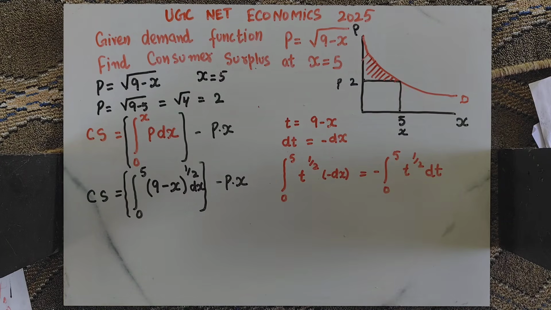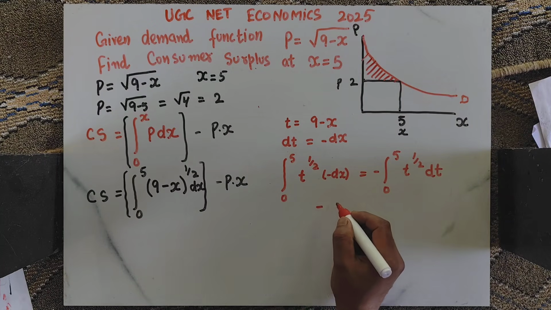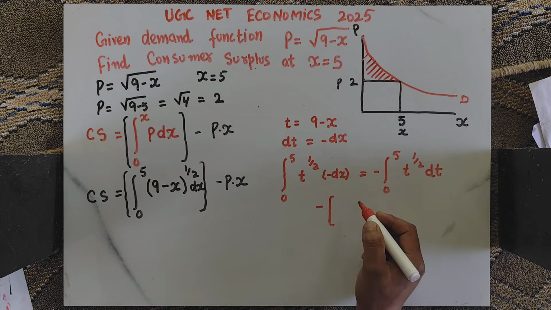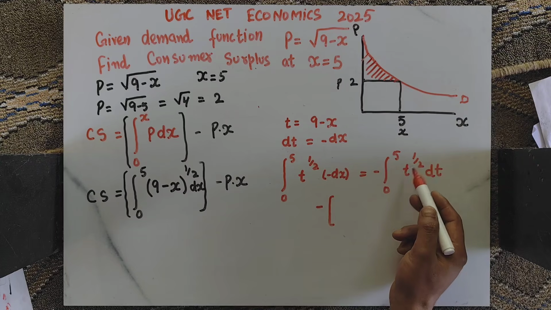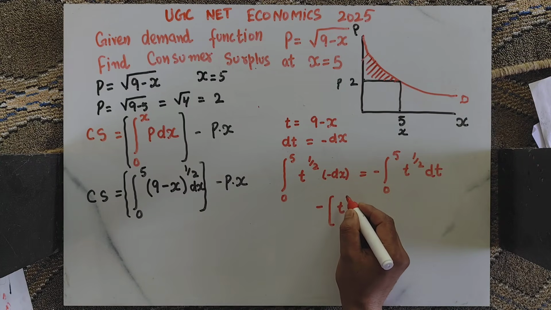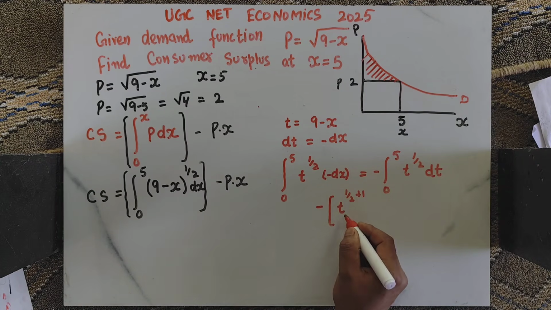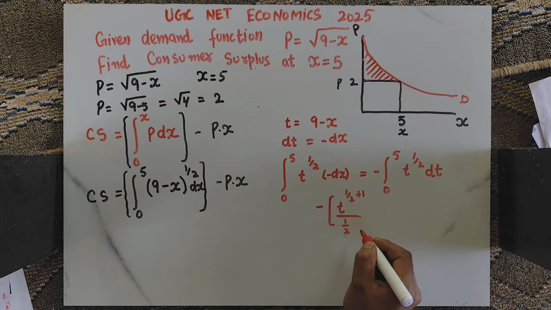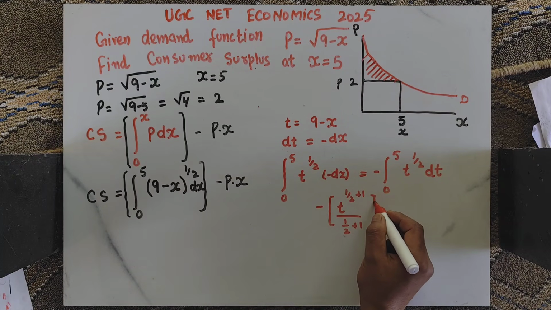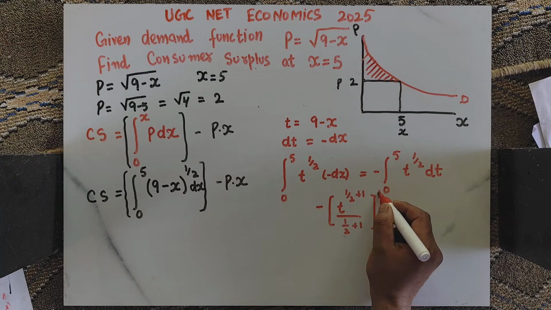Now if I take the integral of this function with respect to t, what will we get? We have minus the definite integral, and the integral of t raised to the power 1 upon 2 is t raised to the power 1 upon 2 plus 1 divided by 1 upon 2 plus 1, and we evaluate it from 0 to 5.